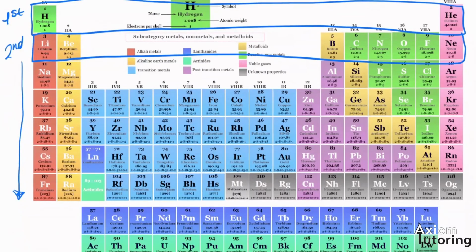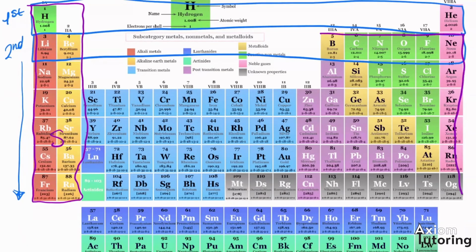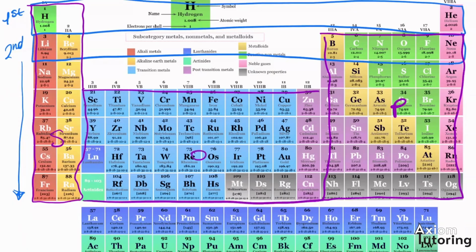The S subshell is this block on the far left. P subshells are found in this block on the far right. In the center, we have the D block. And down at the bottom, we have the F block.